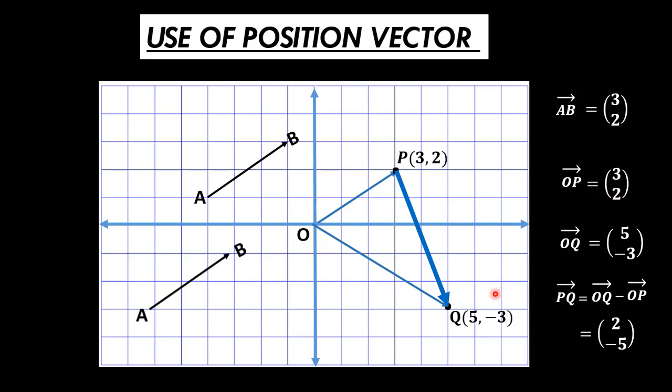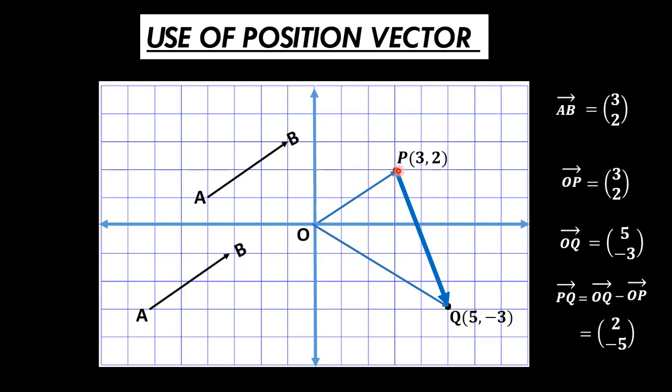If you consider the point Q, it is 5 and -3, and same goes for the position vector of Q, which is OQ, equal to the same as the coordinates of Q. However, students, the coordinates of AB, here the coordinates of A are different, B are different. So in the case of position vector, you are having the same coordinates of the vector as we are having the coordinates of the point.